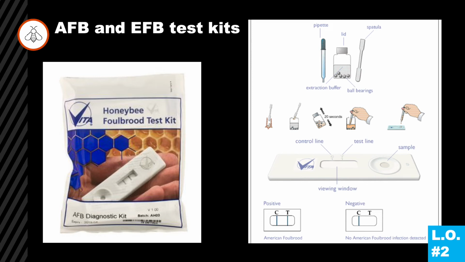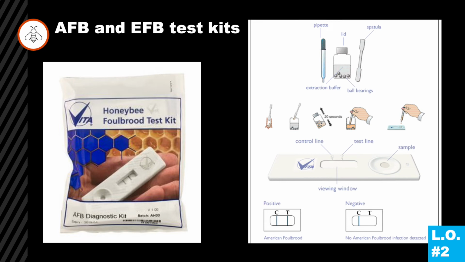For many veterinarians, we like to follow up our examination with performing some diagnostic tests, and there are hive side or in clinic ELISA tests for American foul brood and European foul brood.